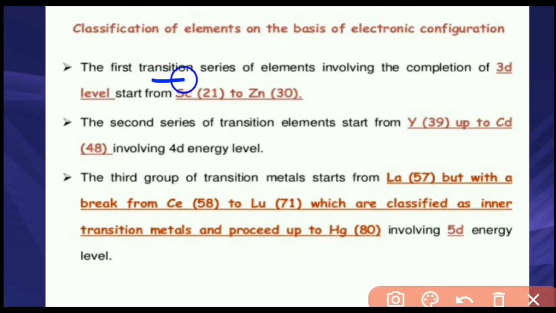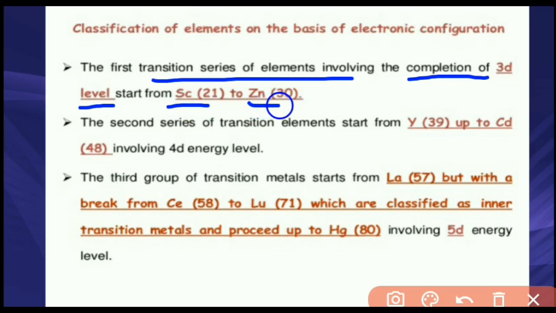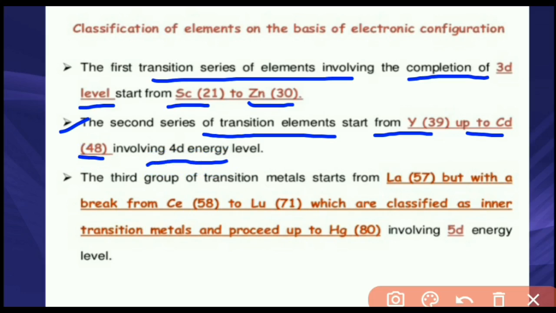The first transition series, involving the completion of the 3d level, starts from scandium, atomic number 21, to zinc, atomic number 30. In this series 10 elements are present. The second transition series starts from yttrium, atomic number 39, up to cadmium, atomic number 48, involving the 4d energy level.